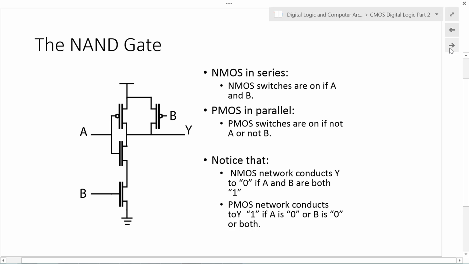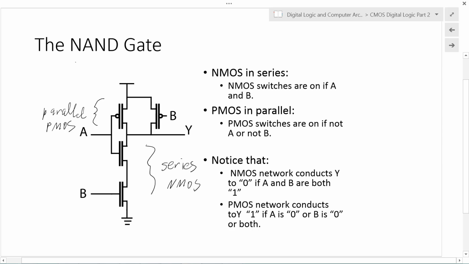For the NAND gate, to review, we have two transistors in parallel for the PMOS network here on top, and we have two transistors in series for the NMOS network. Notice it's parallel PMOS and series NMOS.